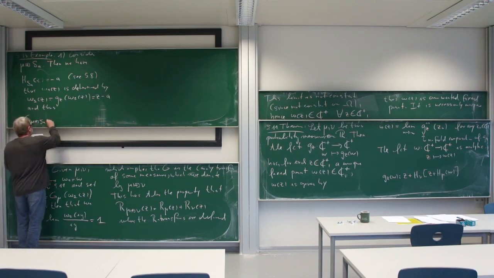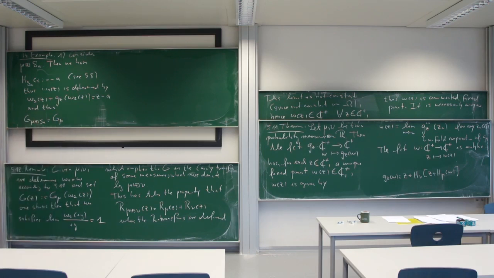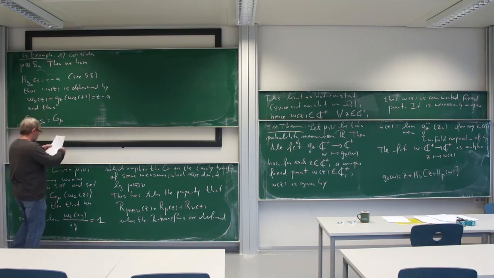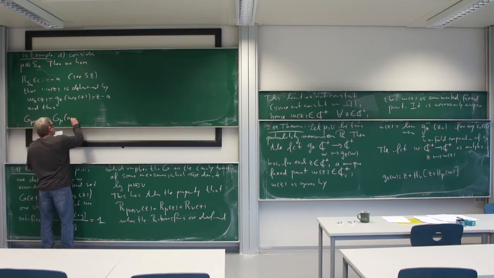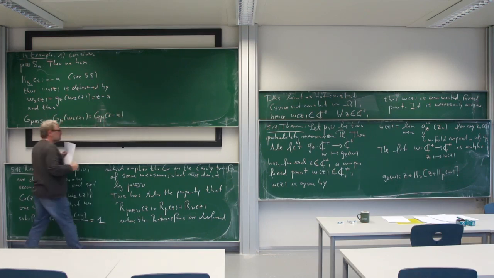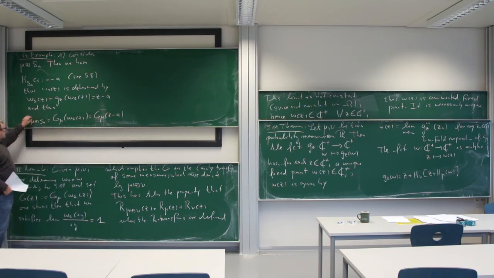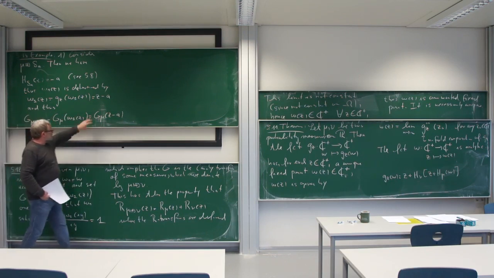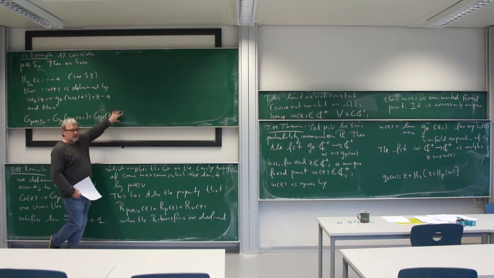So this is the Cauchy transform of mu, and then I have to take the subordination function, exactly this one, omega 1. Omega 1 of z in this case is just z minus a. So the Cauchy transform of this new measure is the Cauchy transform of mu just shifted by a.